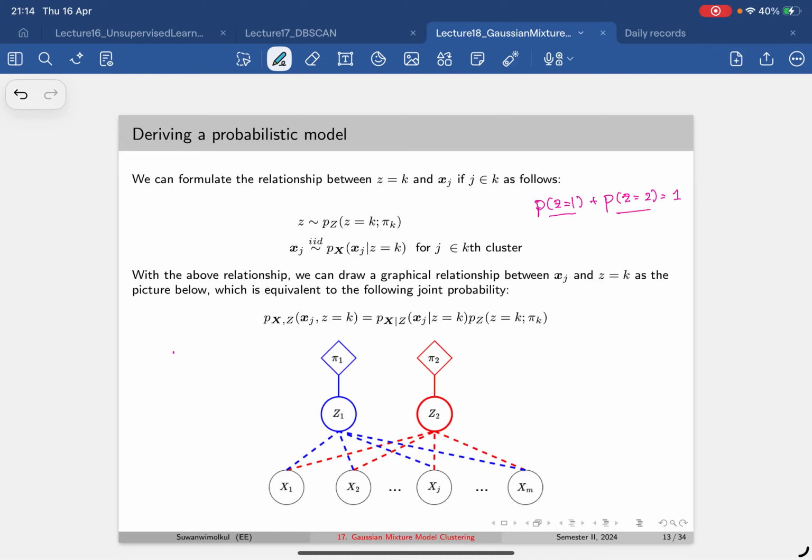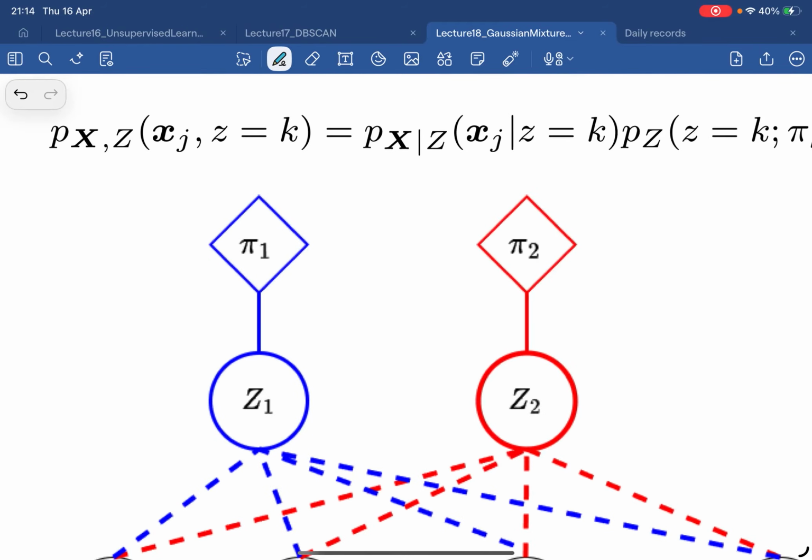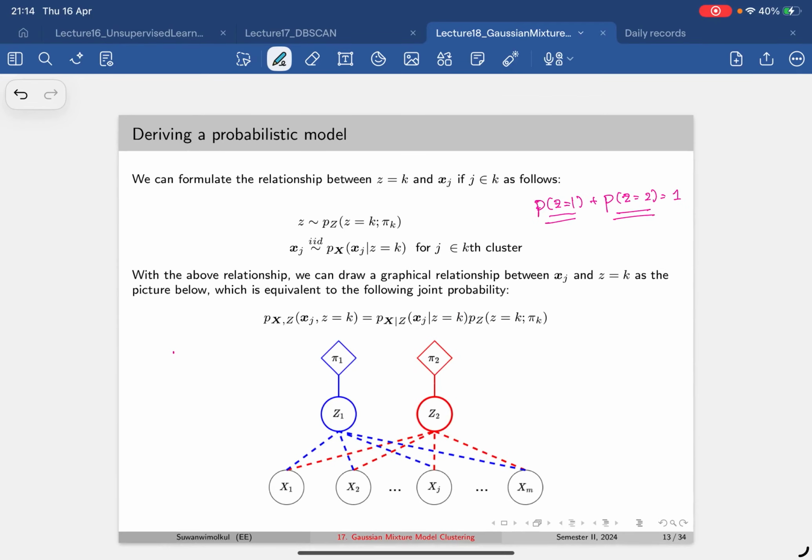Then that means that somehow you may assign a distribution, like a Bernoulli distribution, to the probability of the cluster. And with the Bernoulli distribution, you need a parameter, the Bernoulli parameter, which is the probability of Z being in a certain class.